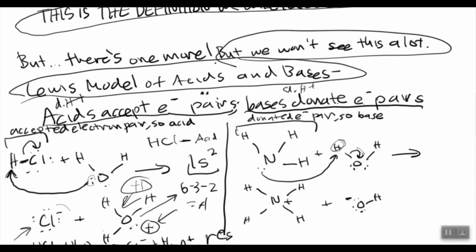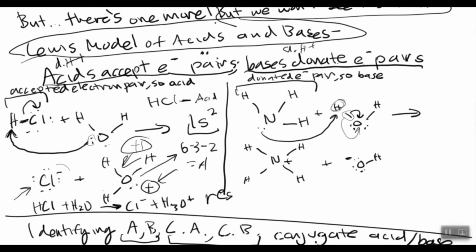So what H will do is it will decide to break this bond, and this bond has 2 electrons. It'll all go to the O. And what you end up with is this, where you have the NH4 plus, since it grabbed an H.